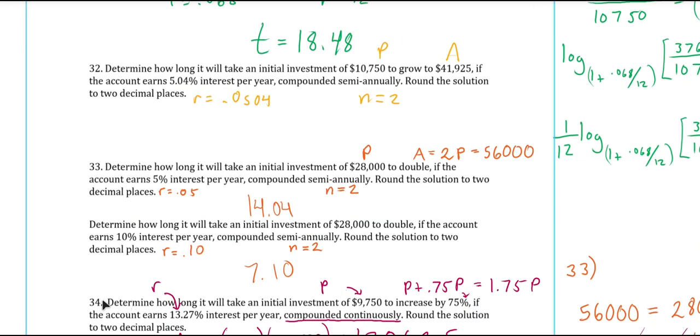The next one, 34, asks us to determine how long it will take for some investment amount, $9,750, to increase by 75%. Increasing by 75% means we now have 1.75 times our principal amount. And we're asked to consider what if the rate was 13.27% and we were doing continuously compounded interest.